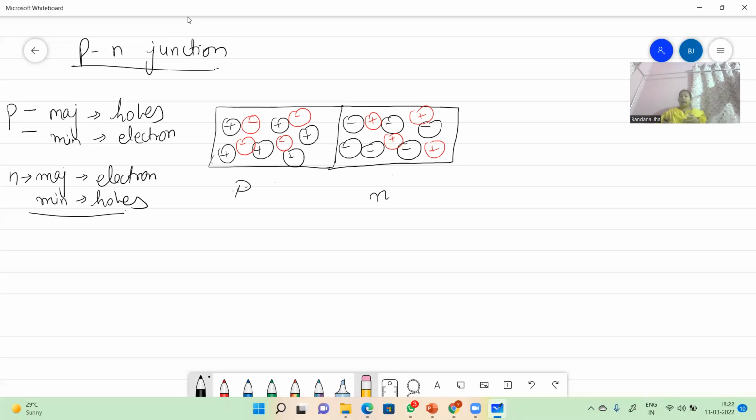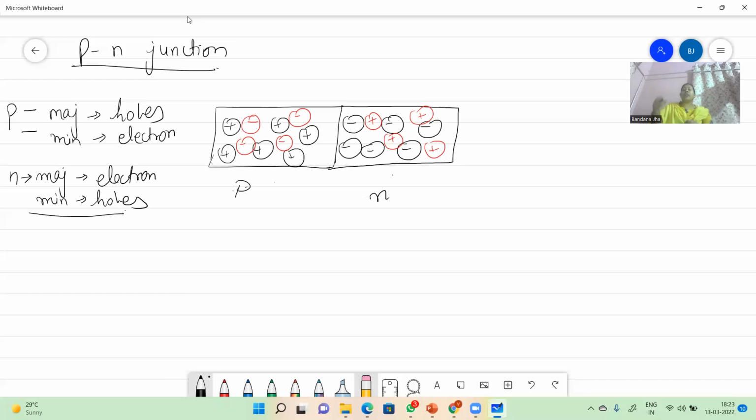Because of that, even when we have not applied any external electric field, for a certain period of time my majority charge carriers move to attract each other, and there is a flow of what? Current.